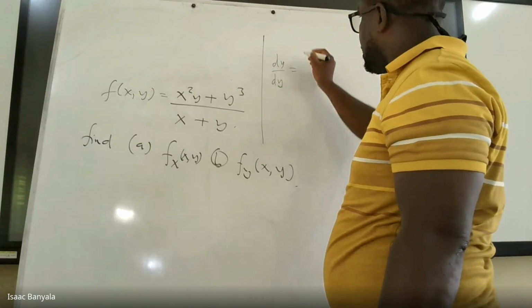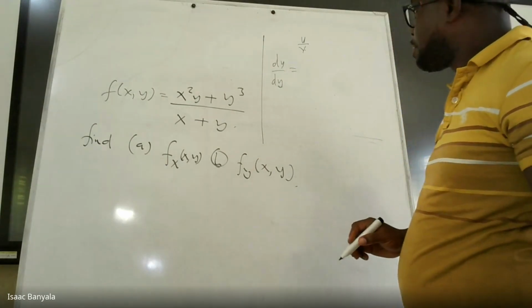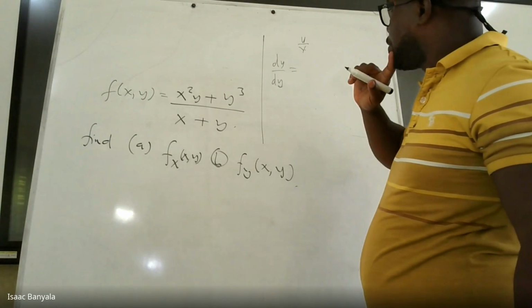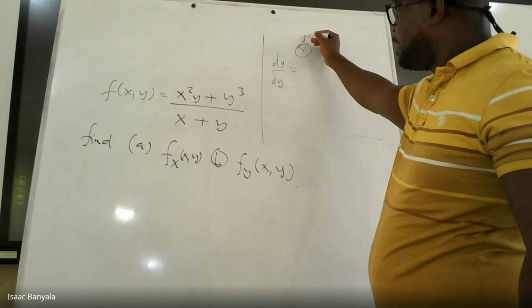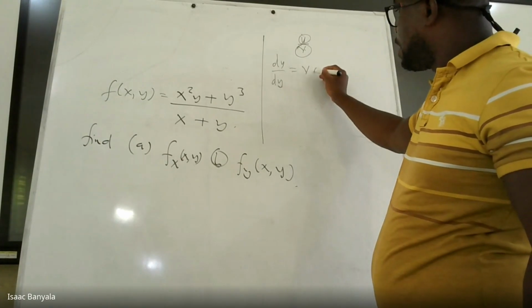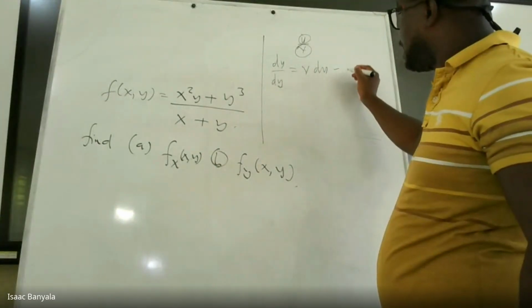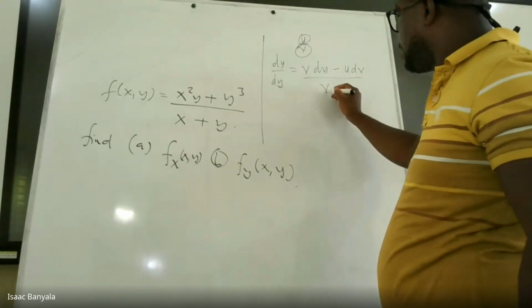If I have to differentiate this, the quotient rule is U over V. So what do you have to do? Yes, we keep the V and differentiate the U. So V dU minus U dV all over V squared.